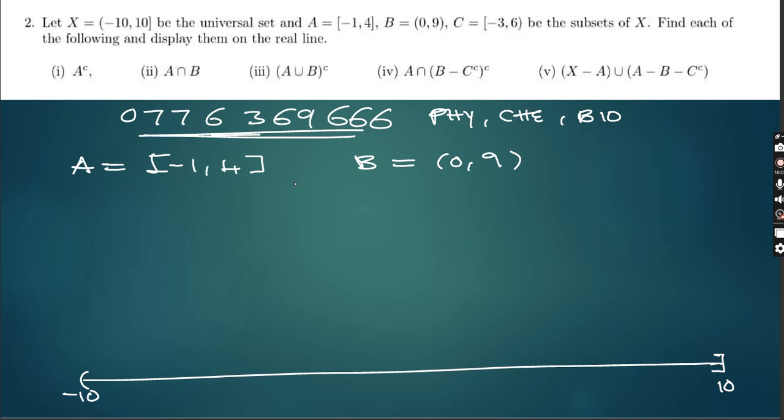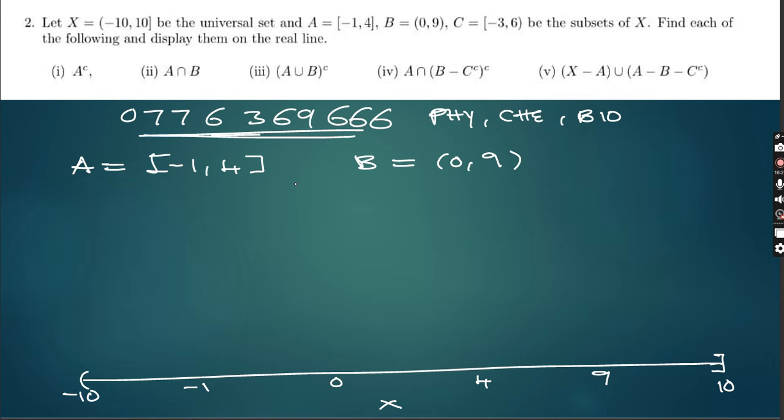Then since we are still using A and B in the question, we are going to have -1 here. We're going to have 0, 4 and 9. So what we are going to do now is draw set A. This is what I want you to see.